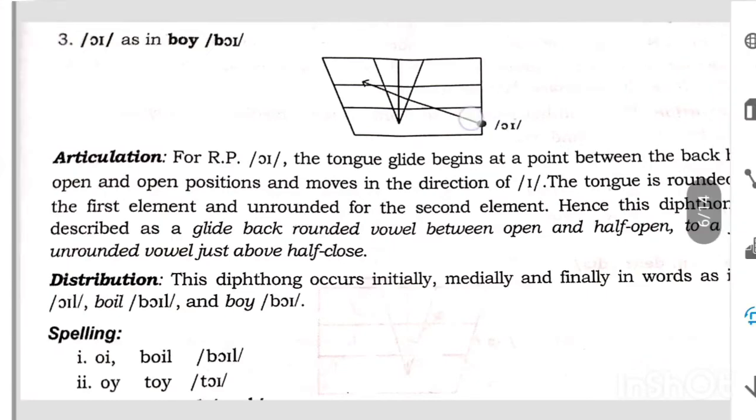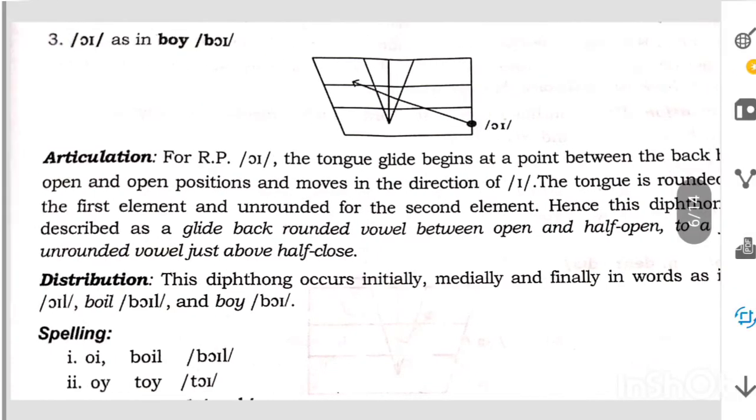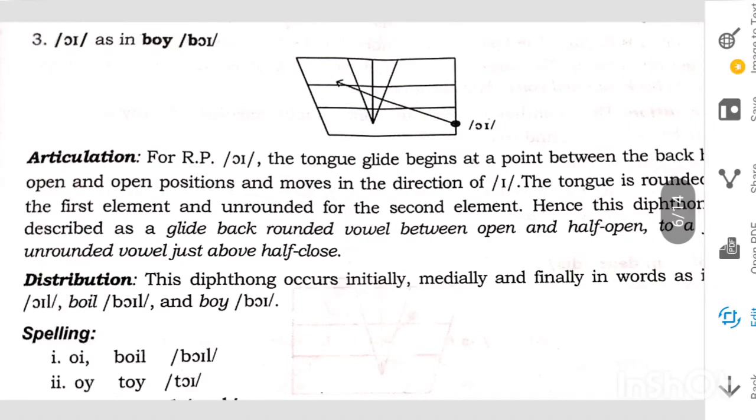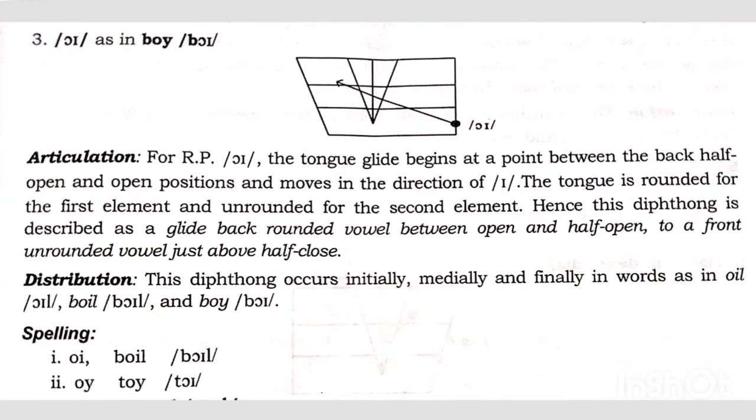Here back, half open, here half open and open positions, and moves in the direction of E. Here E. And we have seen this position E in the other two vowels that we have already described. Okay, so direction of E. The tongue is rounded for the first element O, and unrounded for the second element E.